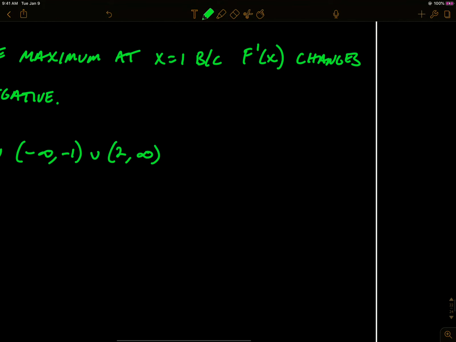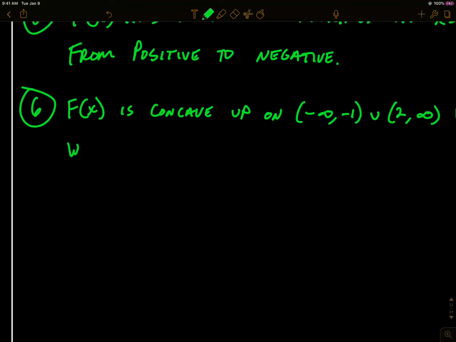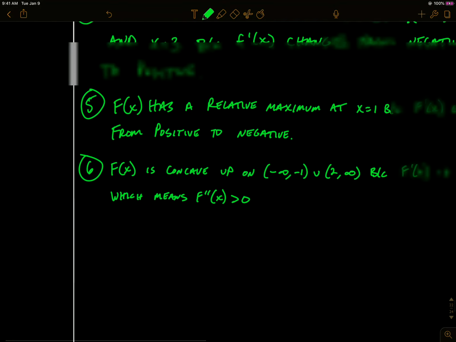So it's going to be concave up because the derivative is increasing on those intervals. And that means if the derivative is increasing, f double prime had to be positive. Just like to throw that in there, even though we're making conclusions about f right now. That's the reason we know that.